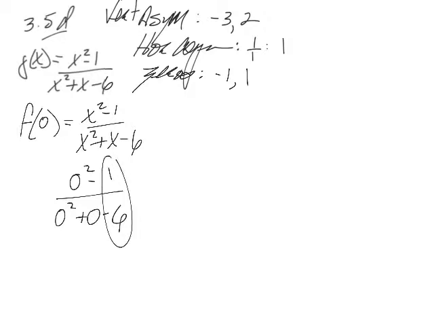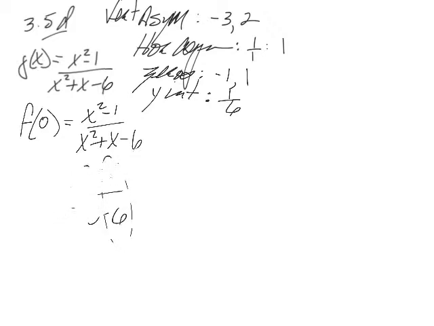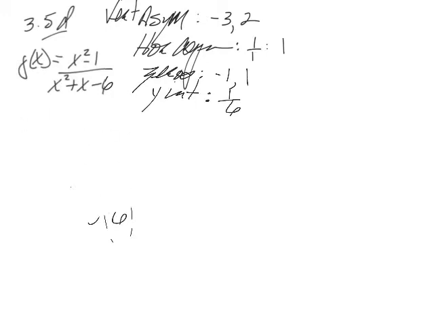So my y-intercept is 1 over 6. Those are my 4 steps, and there is a 5th step. The 5th step is basically just putting in a bunch of points for your x and kicking out a y in order to get a better idea of what this is going to look like when you're done. But let's go ahead and draw this graph.